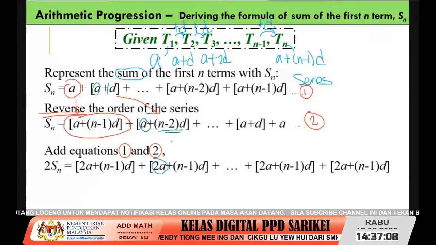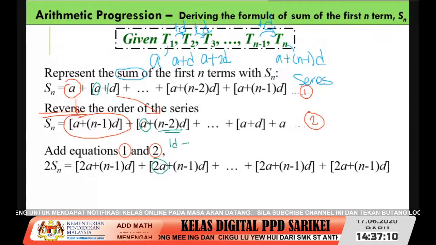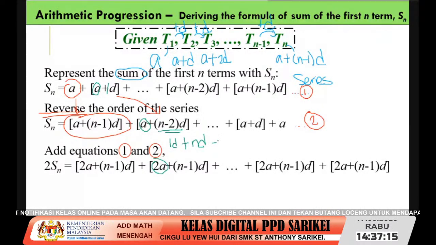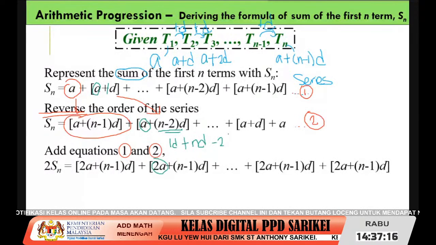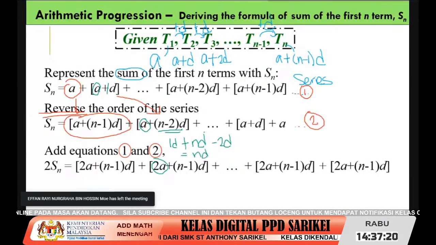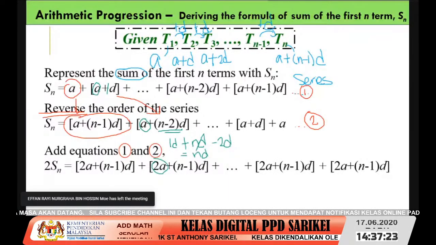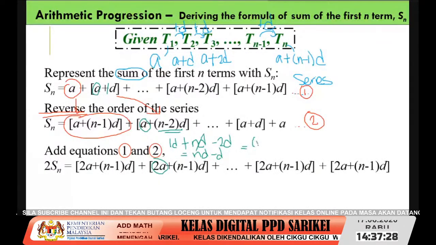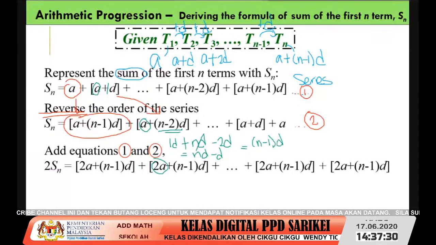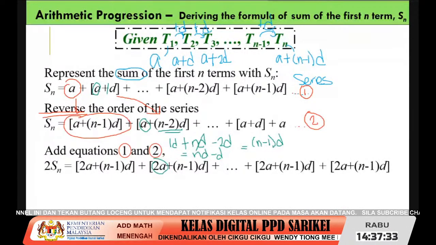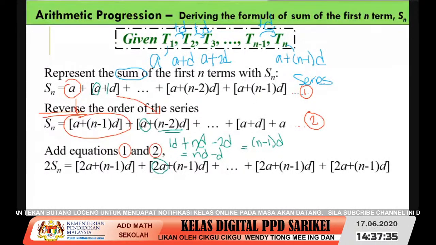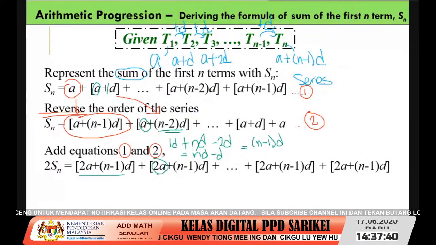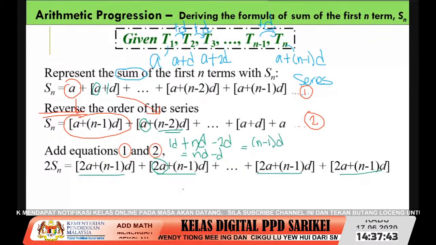Ini n minus 2D. Ini maksudnya 1D plus nD, then minus 2D. So the answer is nD. 1D tolak 2D, so it's minus D. So we try to factorize. We take out D. So n times D, nD. Negative 1 times D, negative D. So you just add up term by term. No matter how, you will get the same 2A plus n minus 1D.